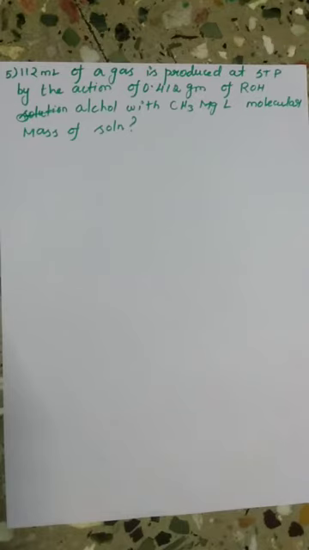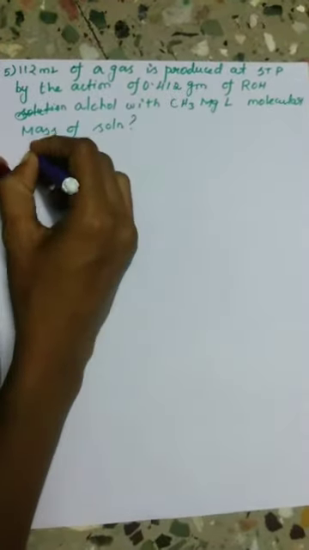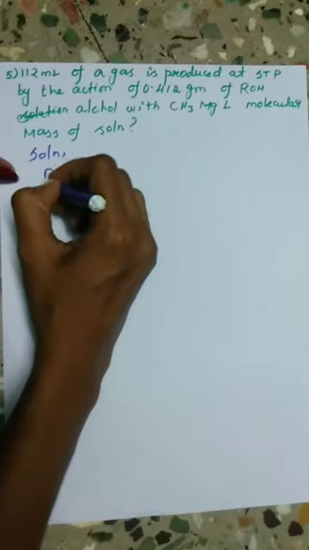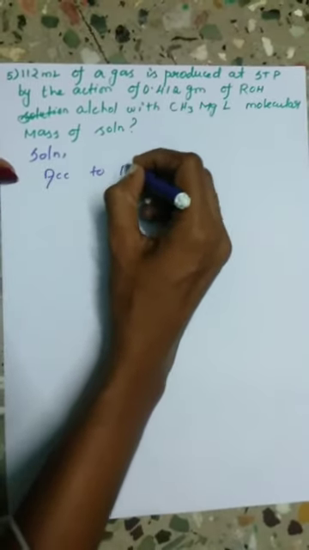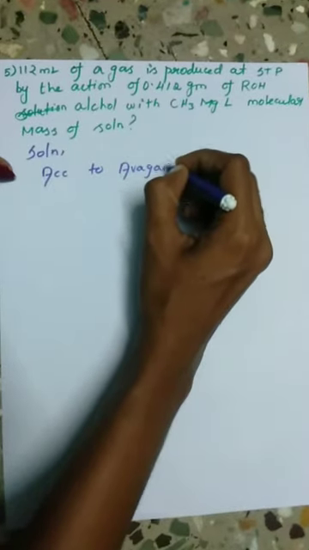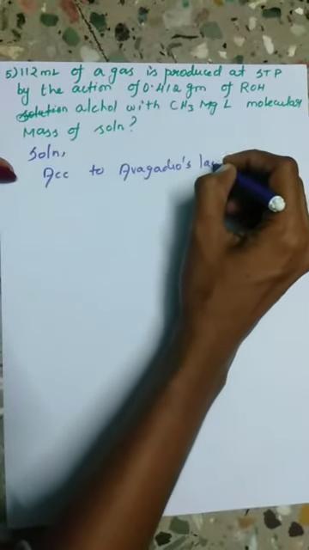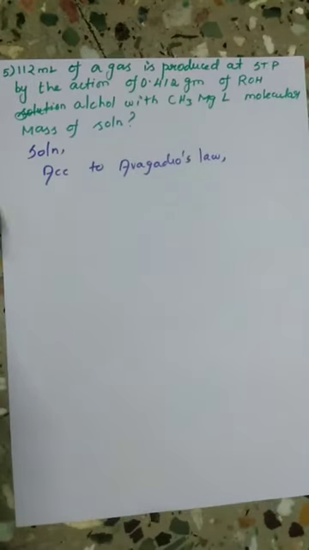Okay, so according to Avogadro's law, do you remember Avogadro's law? Avogadro proposed that equal volumes of all gases at the same temperature and pressure contain an equal number of molecules.